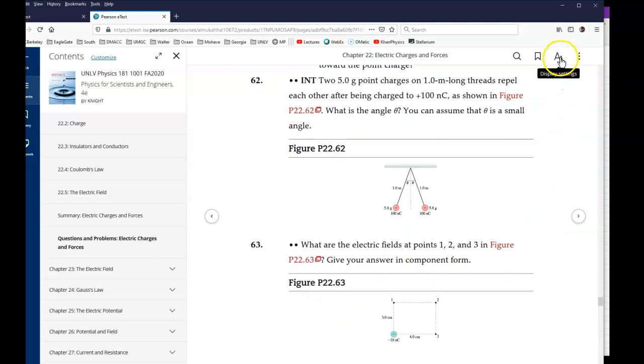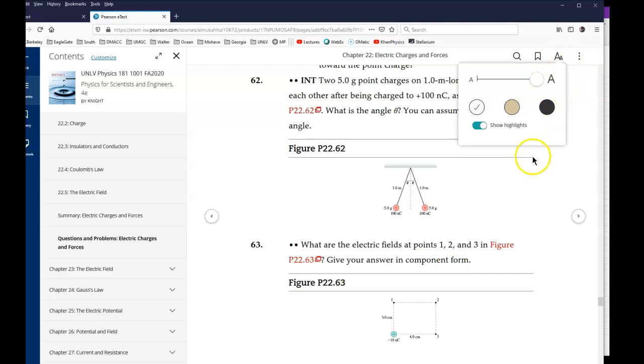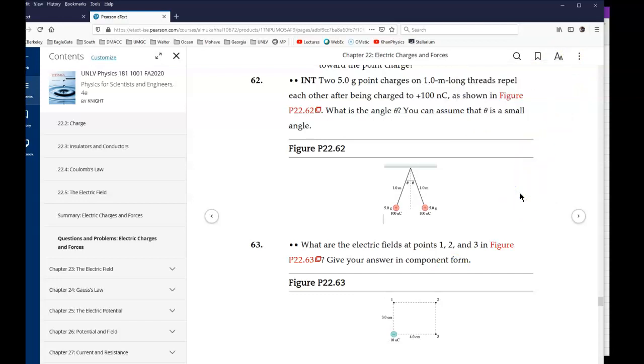It basically said, let me get it magnified. Oh, it's the highest magnification we can go. All right, so let me just read the problem. You have two masses here, both charged with 100 nanocoulomb each, both positive. They are hung from two strings up to a pivot here in the ceiling.